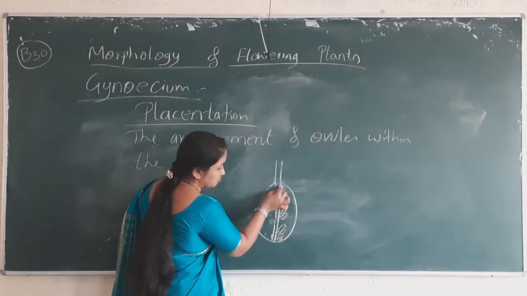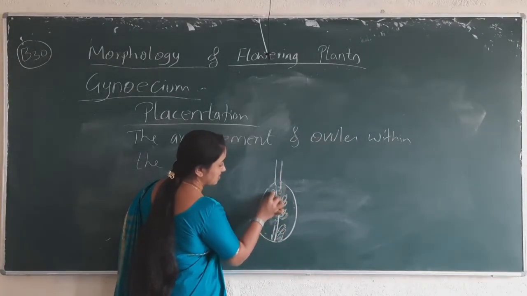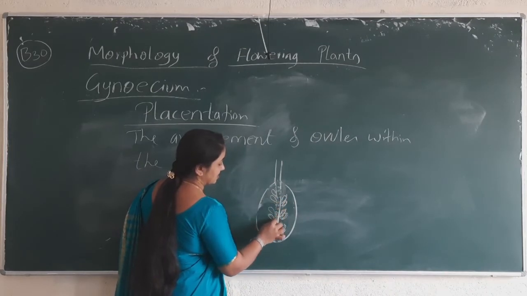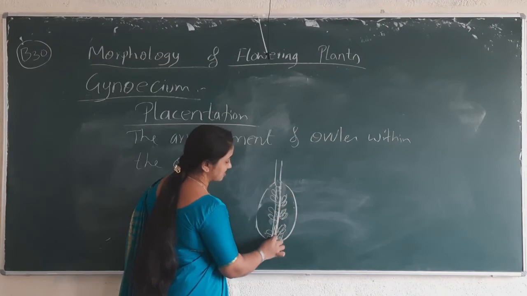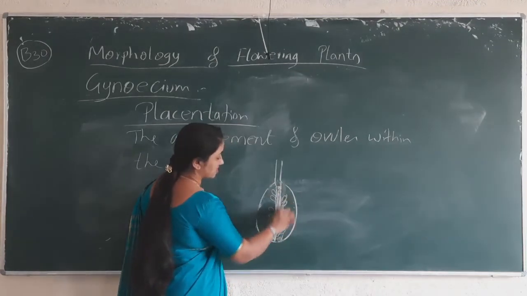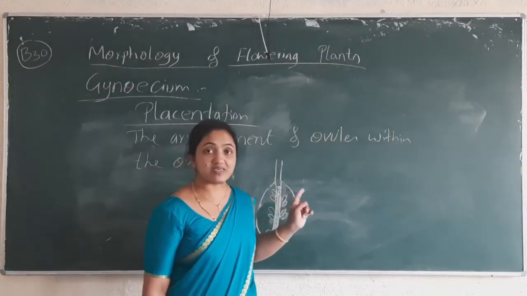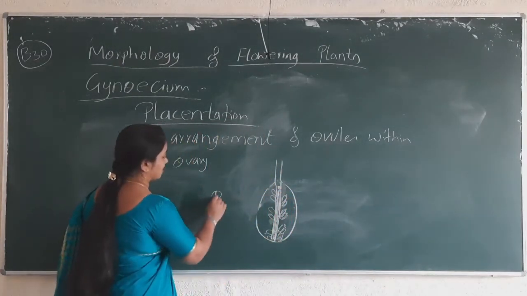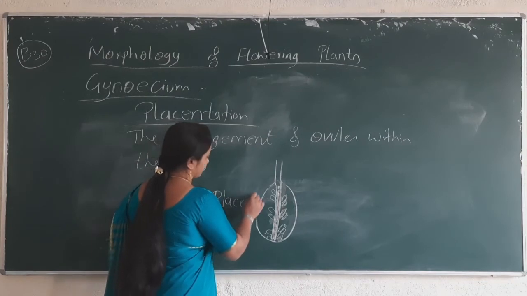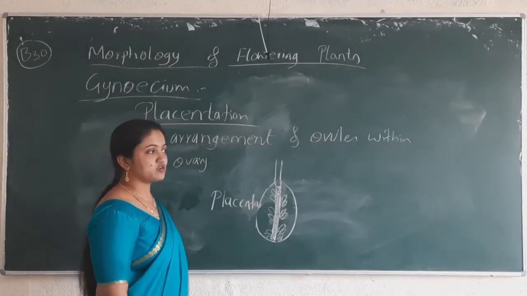Now, this cushion-like structure, this cushion-like organ which is present inside the ovary, is known as placenta.